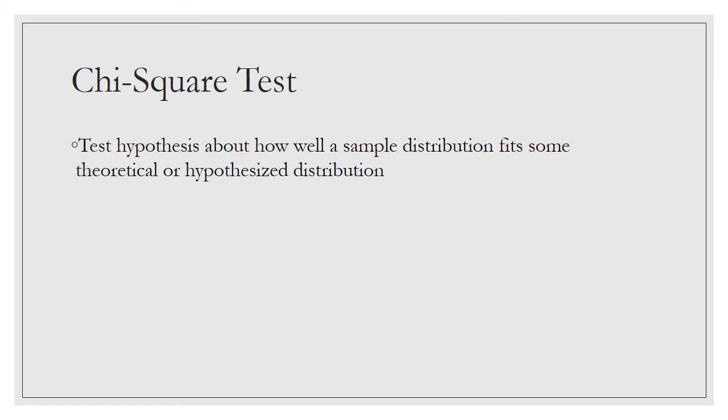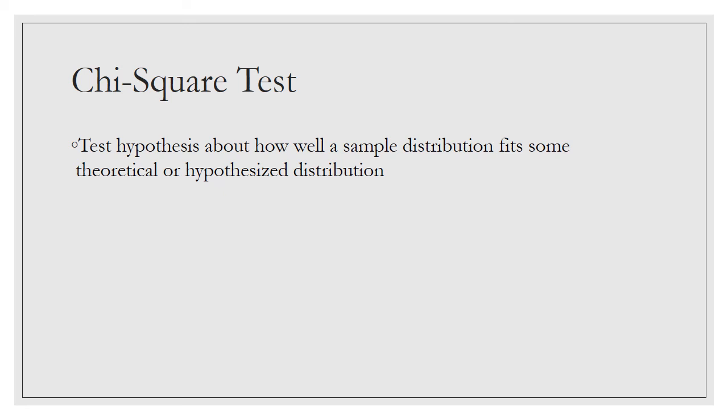We still want to test a hypothesis about how well a sample distribution fits some theoretical or hypothesized distribution. So here with the chi-square test, we don't really have an assumption about the shape of the distribution for the dependent variable. And the units we're using are not the mean in this analysis, but other statistics we use in non-parametric testing, like frequency.